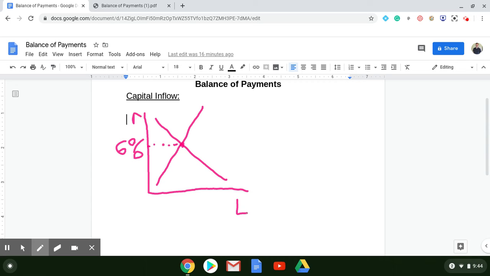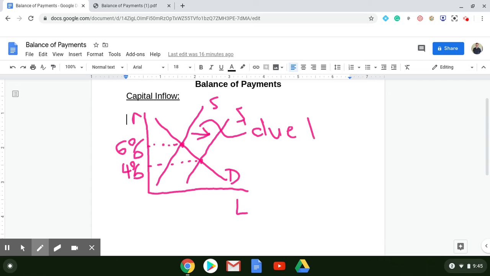As capital inflows, the supply of capital, or the supply of loanable funds, same thing, will go down to this 4%, and that's going to be due to capital inflow.